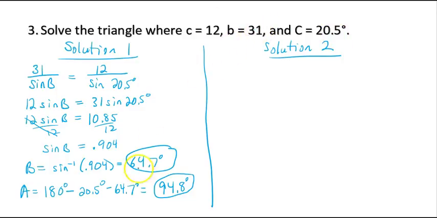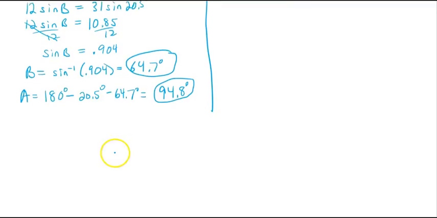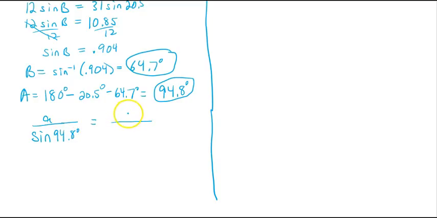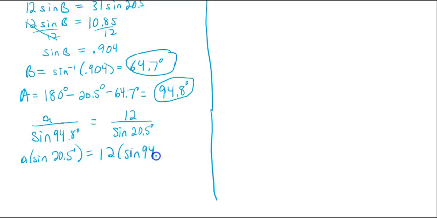The only thing left to find is side A, and I need a little bit more room. And so I need side A. I have to put that over the sine of angle A. And again, I always like to go back to the stuff I know for sure. I know the C's. So side C and the sine of angle C. Cross multiply, I get A times the sine of 20.5 equals 12 times the sine of 94.8.